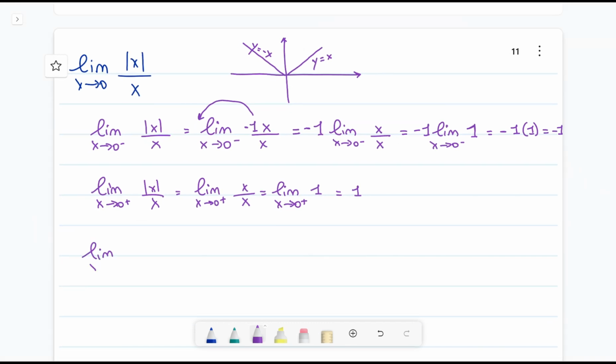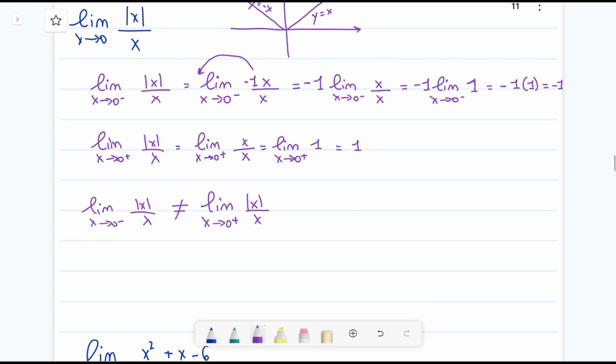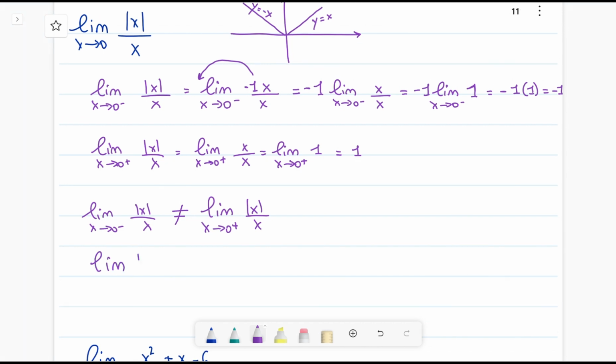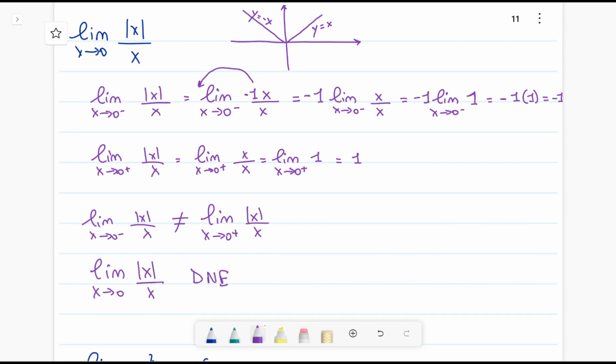And as we can notice from these two limits, the limit as we approach the function from the left is not equal to the limit as we approach the function from the right. Therefore, the overall limit of the absolute value of x divided by x as x approaches 0 does not exist.